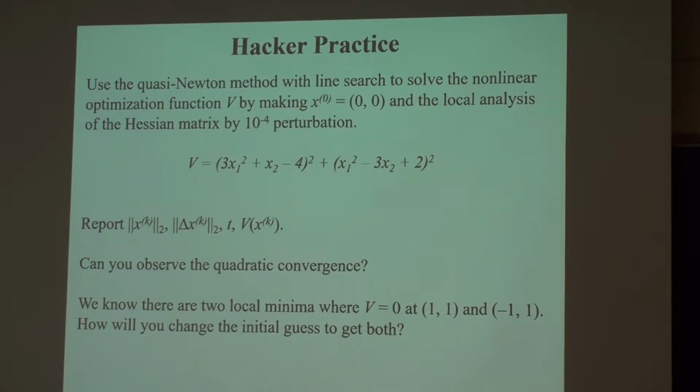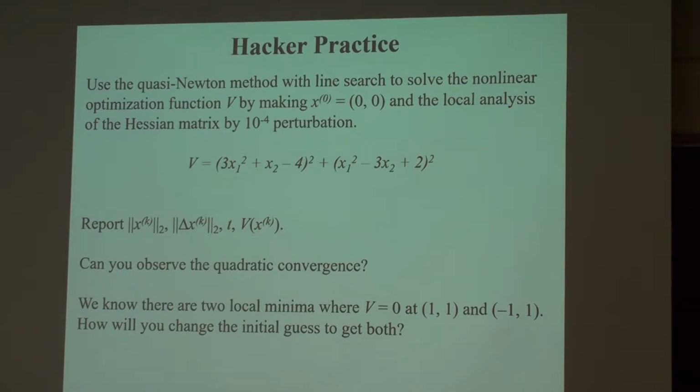So you start from x0. If you start from the initial guess of 0, you are at God's mercy about which solution you get to. It's just by noise. But if you try any initial guess where this is 2, you will fall into this minimum. You try anything that's minus 2, you'll fall into this minimum. This is something you should see if you haven't done it.